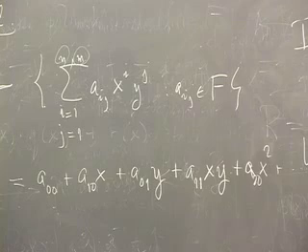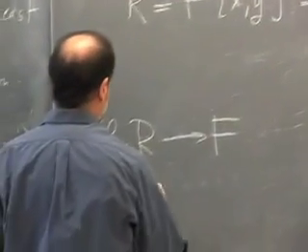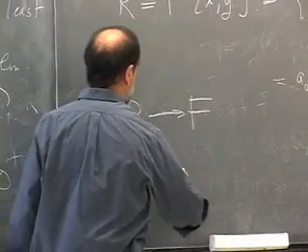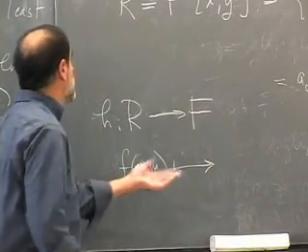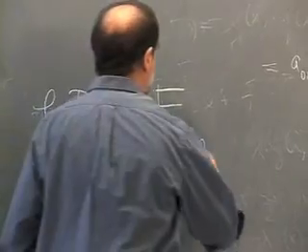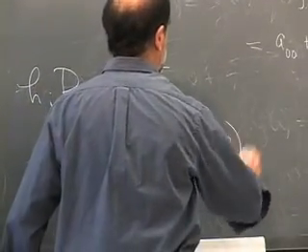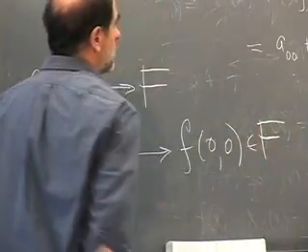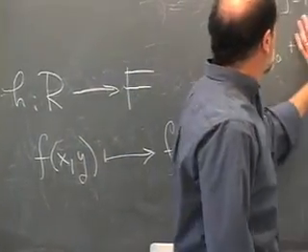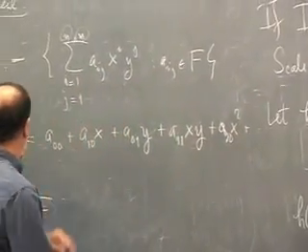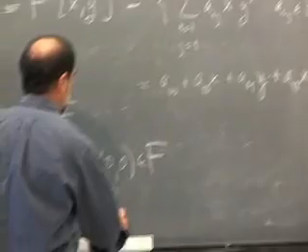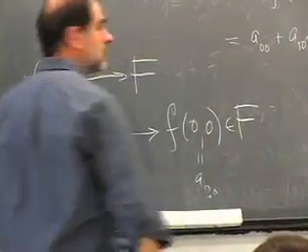And consider now the map, we'll call it H again, from R to the field, which takes an f of x, y and evaluates it at some point. Let's take it to f of 0, 0. So it just means you take x equals 0 and y equals 0. All these terms go away, and it's just the value a00. Okay?